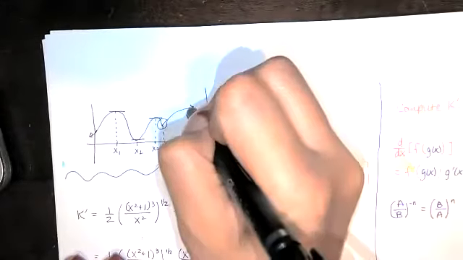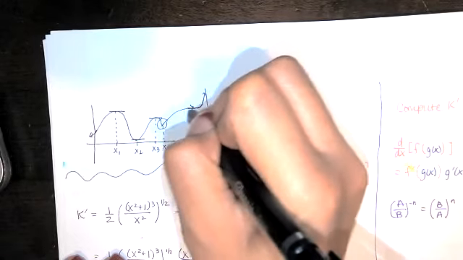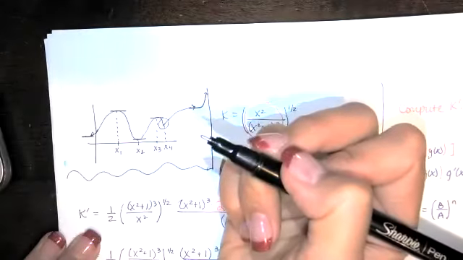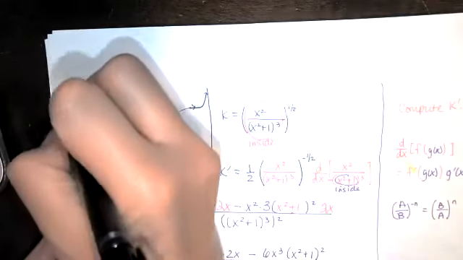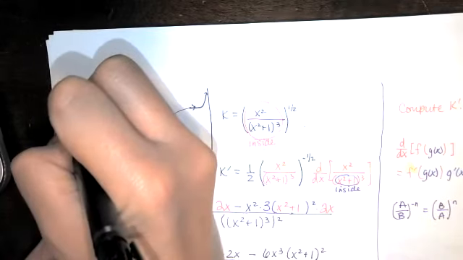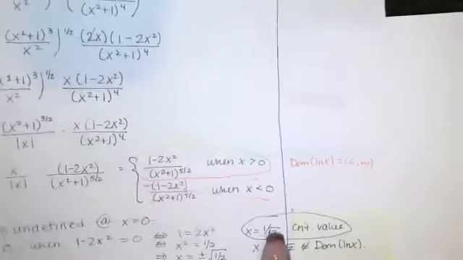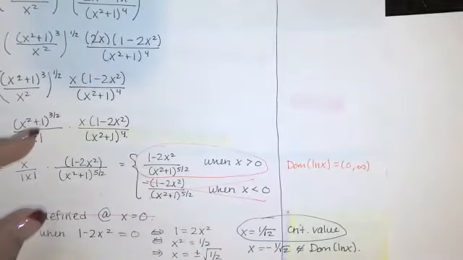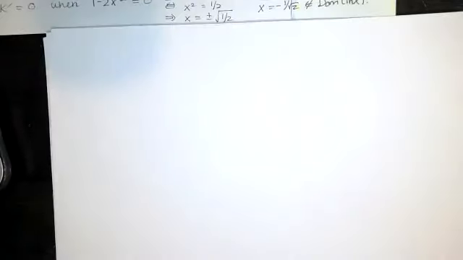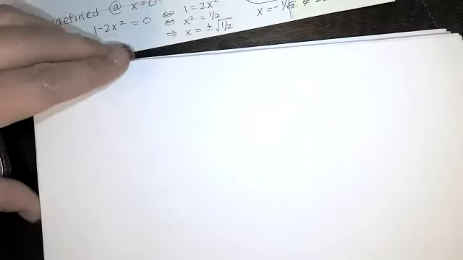Or maybe it's at a flat point where we've got a derivative of 0 and the function just keeps increasing, or maybe a derivative of 0 and then it's decreasing. We want to know, does this x equals 1 over square root of 2 correspond to a minimum or a maximum, or neither? To find out, we can use the first derivative test or the second derivative test.